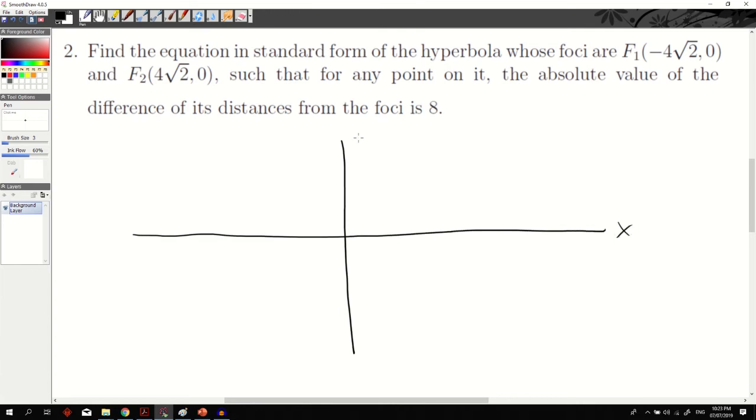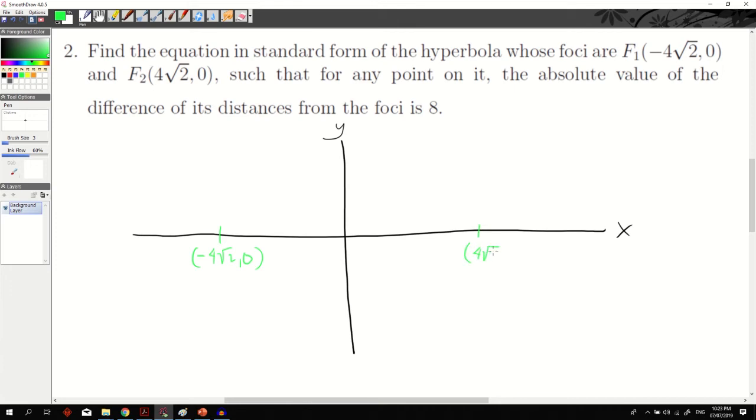This is the x-axis and this is the y-axis. So we have our foci. Supposedly this should be negative 4 square root of 2, 0. And here we have another one.